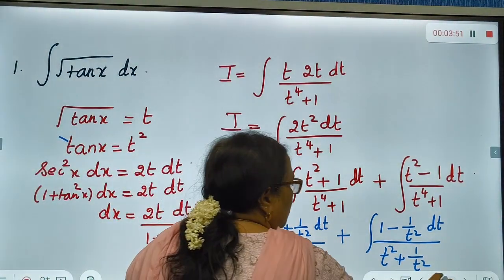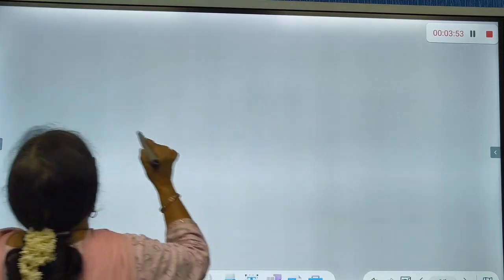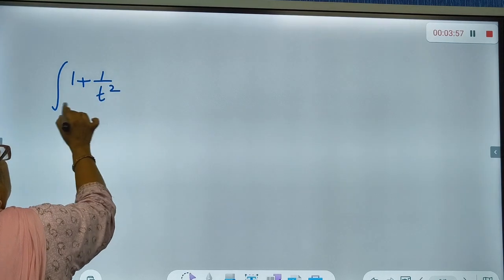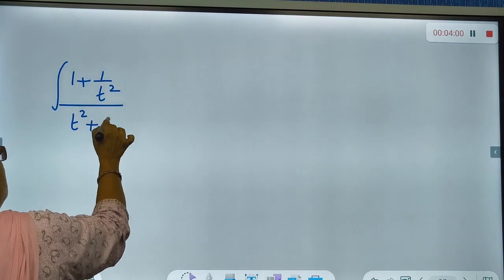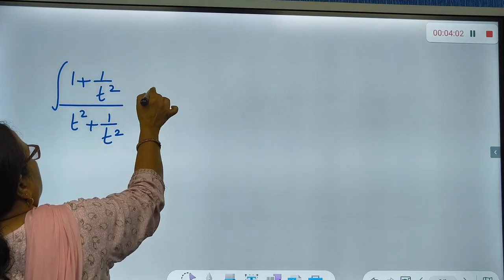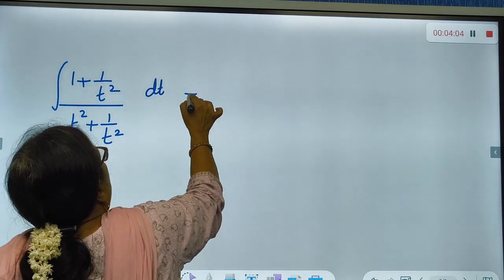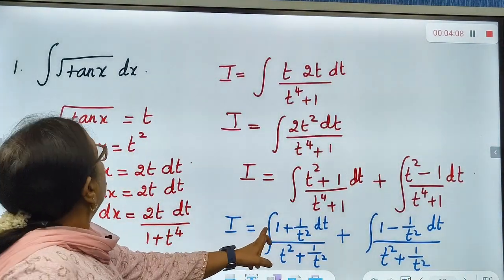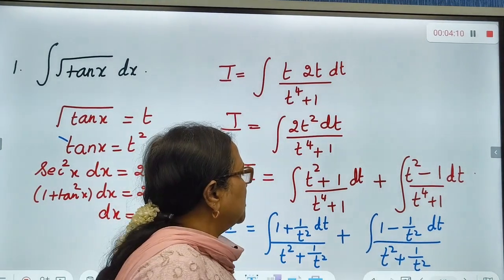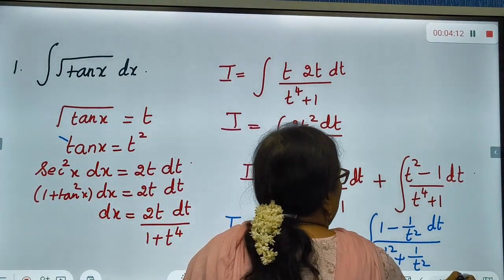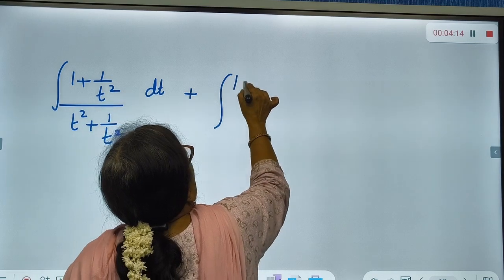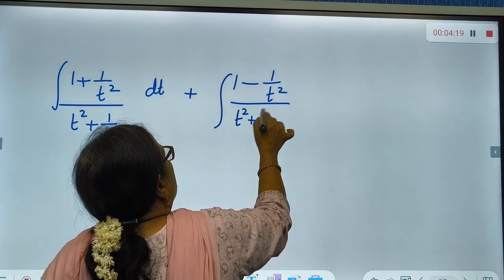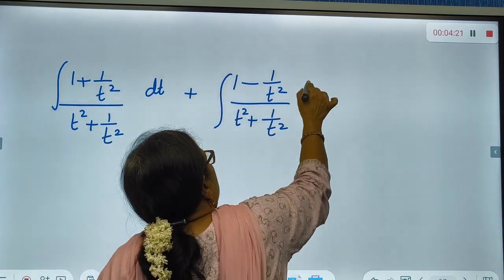So now we have 1 plus 1 by t square by t square plus 1 by t square dt plus, I am just rewriting this step, 1 minus 1 by t square by t square plus 1 by t square dt.